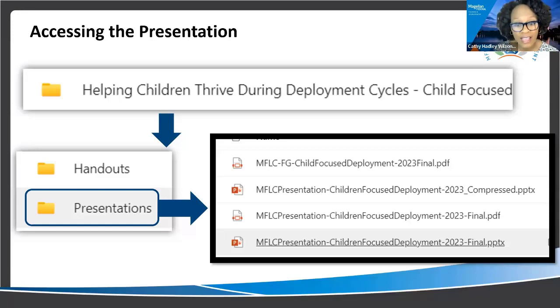Click presentations to see the PowerPoint presentation, including the compressed PowerPoint file, which may be used for emailing if needed. Also included in each presentation folder is the PDF facilitator guide and the PDF copy of the PowerPoints.